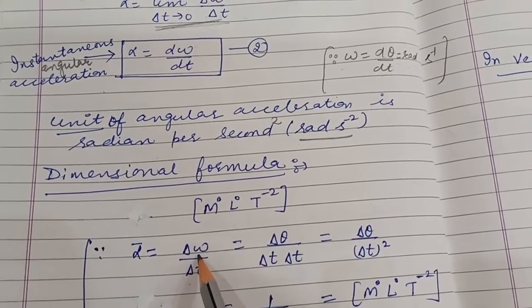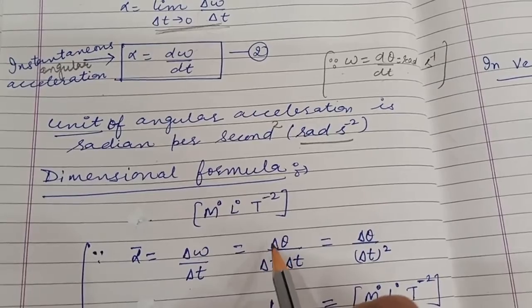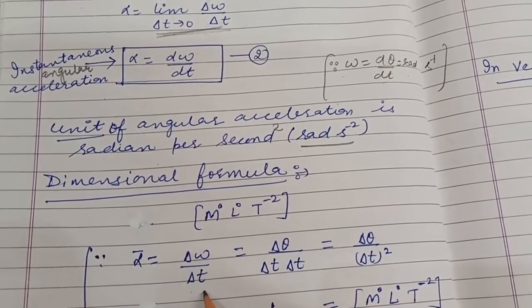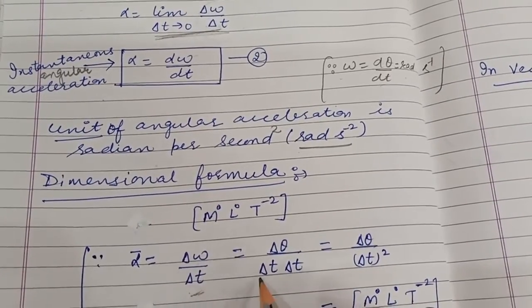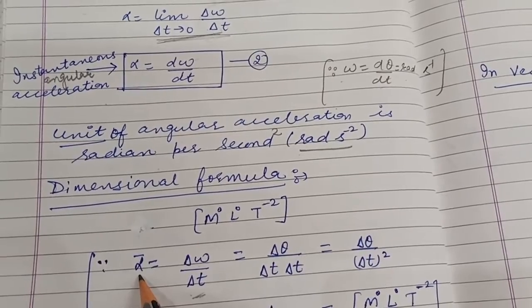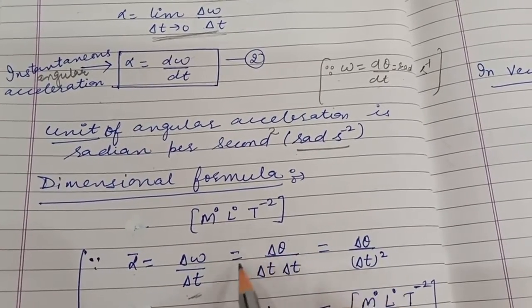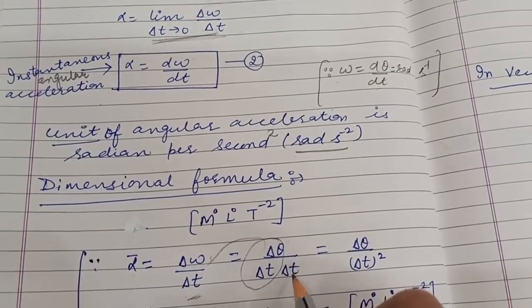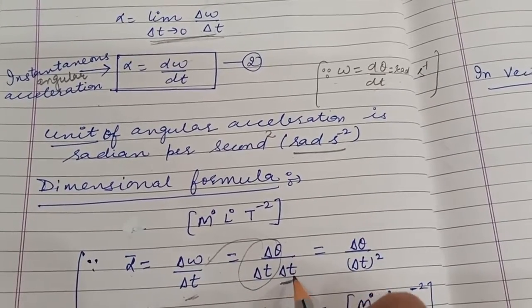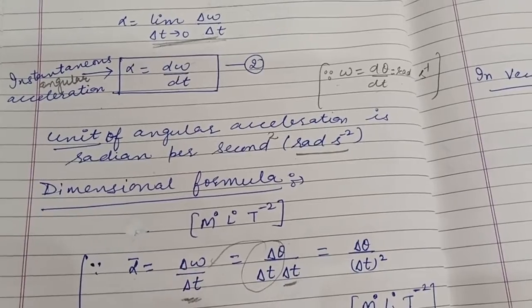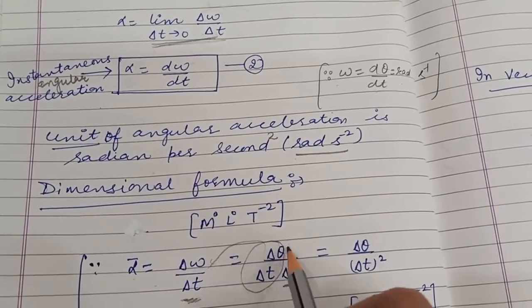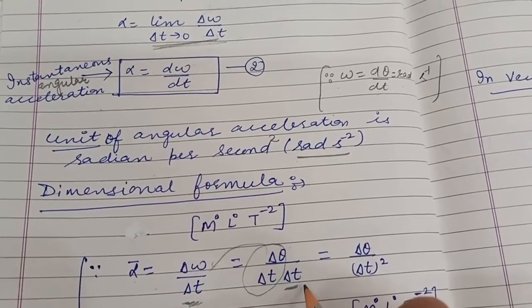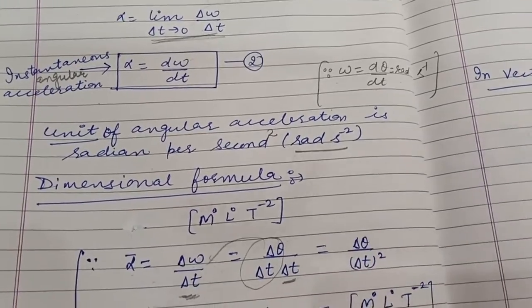Put the value of delta omega here, that is delta theta upon delta t, and we get alpha, that is the angular acceleration, is equal to delta theta upon delta t, divided by delta t. This corresponds to delta omega, and delta t corresponds to this. So alpha is equal to delta theta upon delta t square.